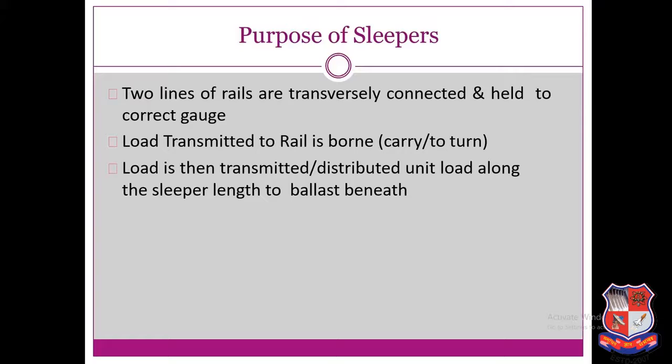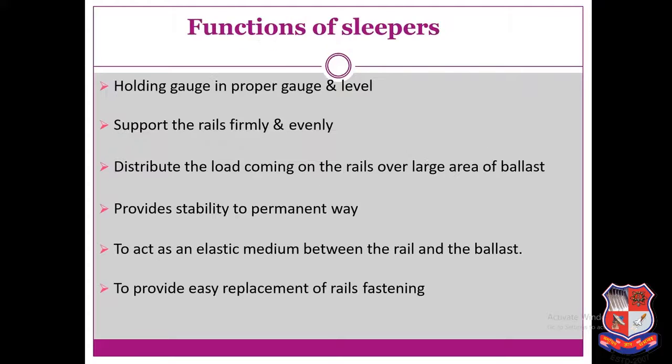Load is then distributed as unit load along the sleeper's length to the ballast. So the load coming from the moving train is first transmitted to the rails, then to sleepers, then sleepers to ballast.